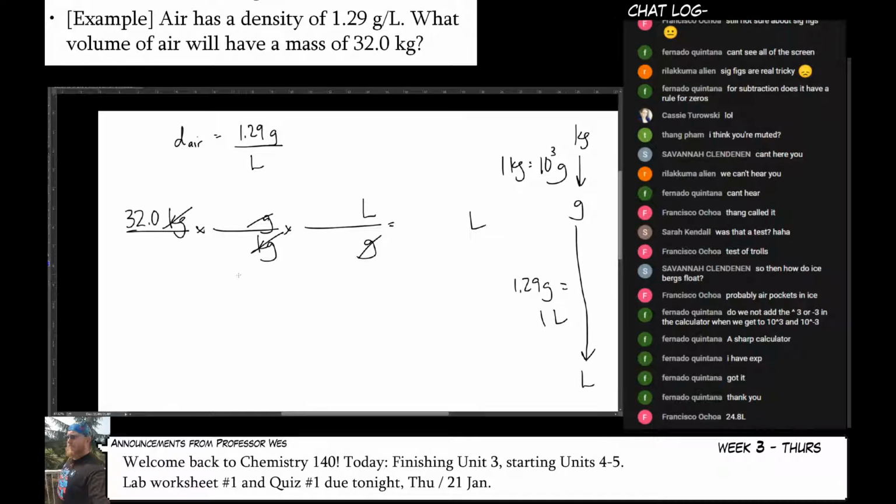All right, let's do the numbers. 1 kilogram is 1,000 grams. And then the density of air is 1.29 grams per liter. You'll notice that the units are upside down here, so I have to make sure I put them in the right spot: 1.29 grams per liter. Because remember, I can flip conversions however I want to.